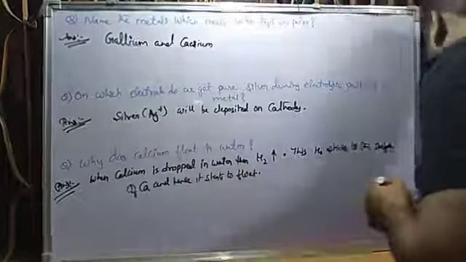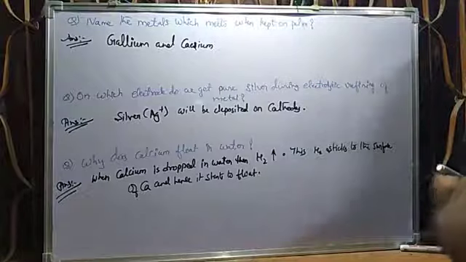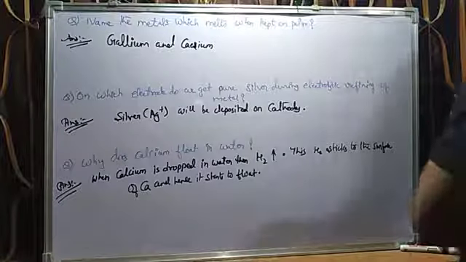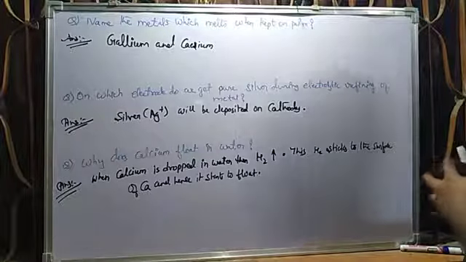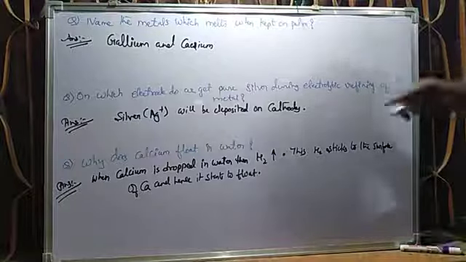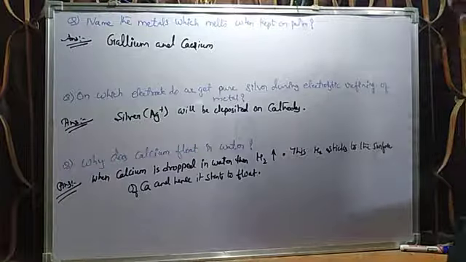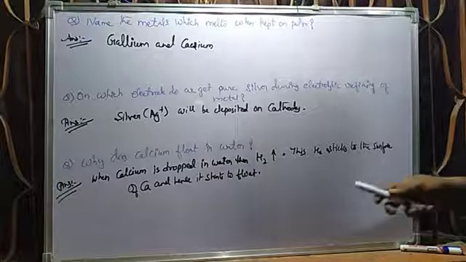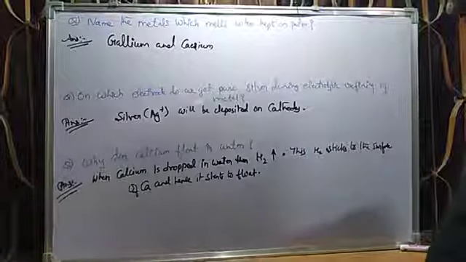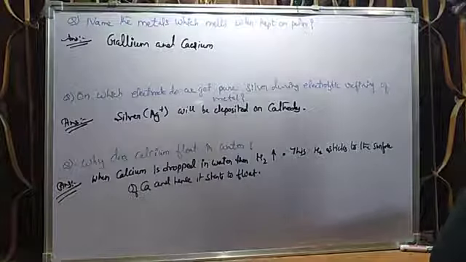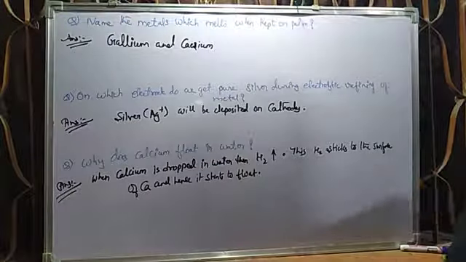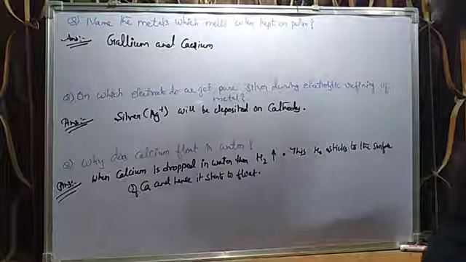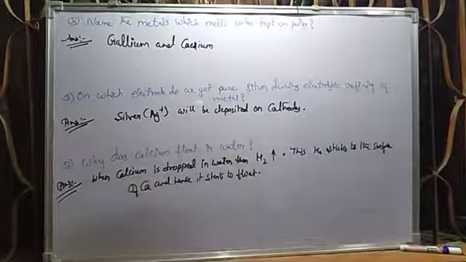So the calcium starts to float on the water due to the release of hydrogen gas when the reaction of calcium and water takes place. This hydrogen gas sticks to the surface of the calcium, and due to the formation of gas bubbles, they float on water.